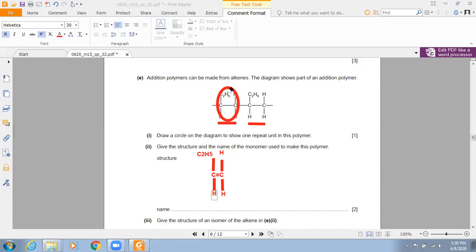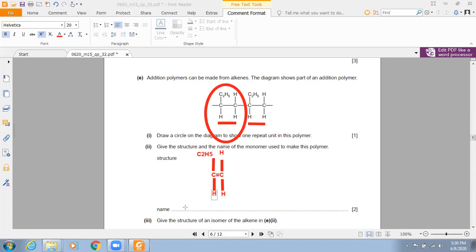So this is one repeat unit. You have to circle like this. Repeat unit of this polymer we have drawn.